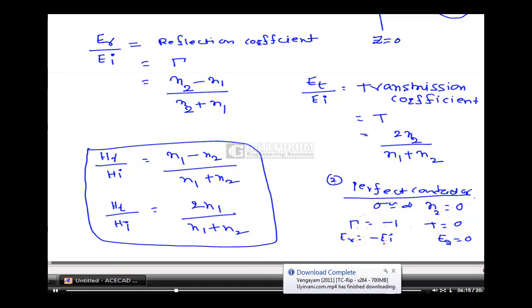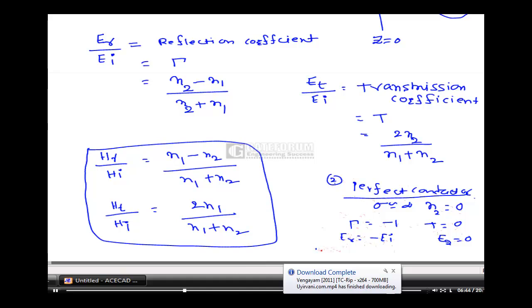So this reflected wave combines with the incident wave to form standing waves. This standing wave concept we will discuss more clearly when we are discussing transmission lines. Just here I am giving the standing wave ratio formula.